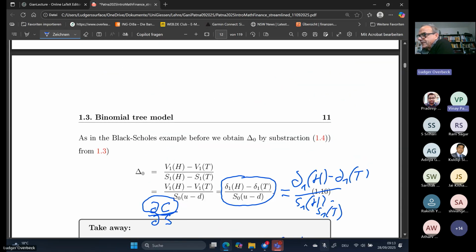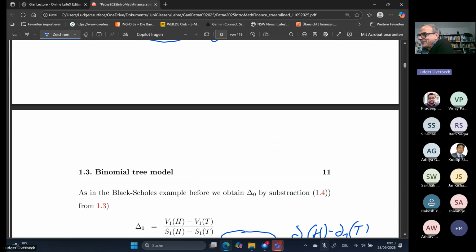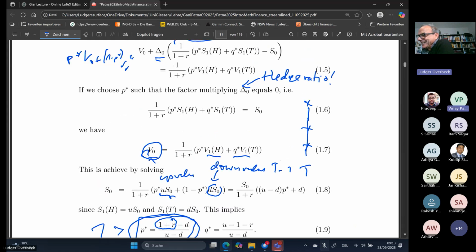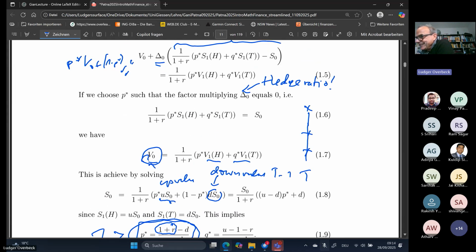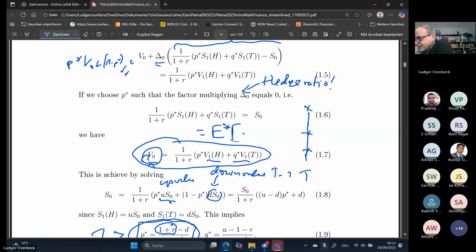It's interesting that if you come from, let's say, numerical analysis, just this simple trick already tells you: discount the future value, this equals expectation star of V1 discounted as before, or 1 over 1 plus R.